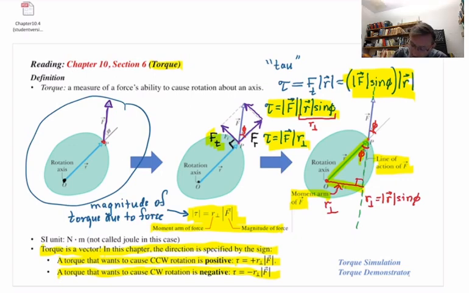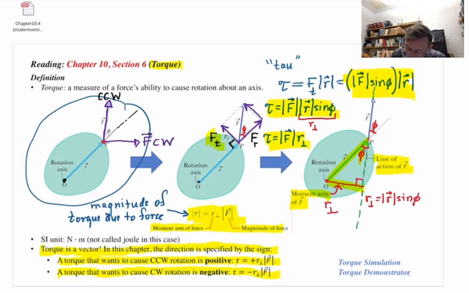You've got this extended line R. If the force in a picture like this is above that line, you're going to get, like you see right here, counterclockwise rotation. The whole thing would rotate counterclockwise about O. If instead the force were below that extended line, like that, then you're going to get clockwise rotation.